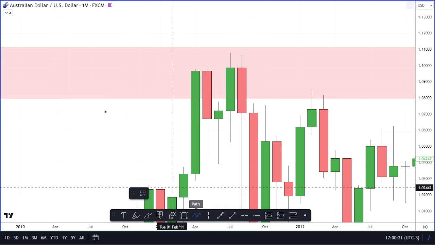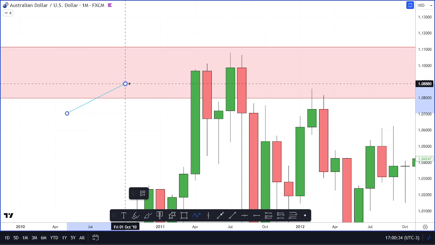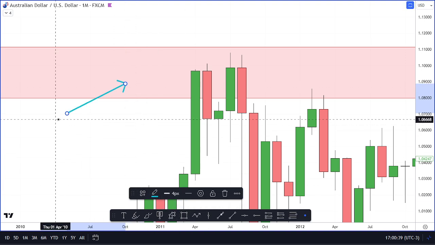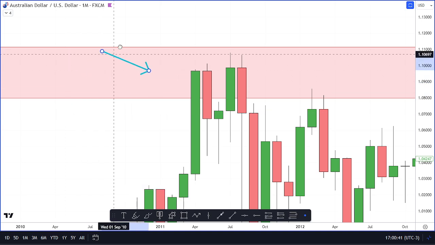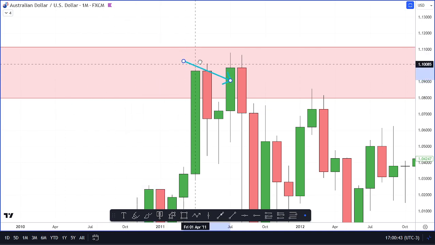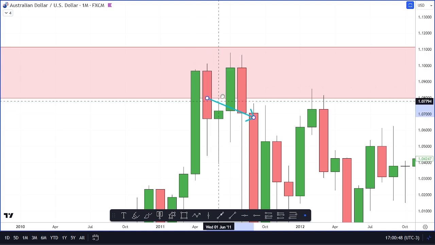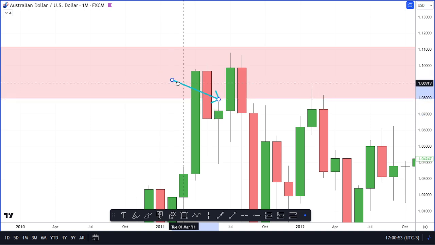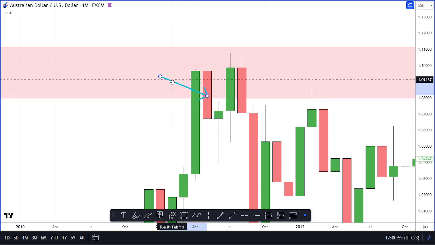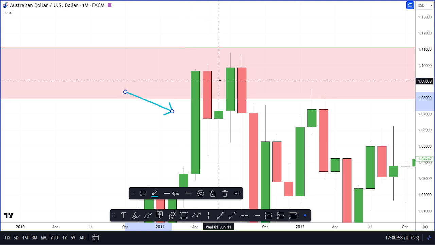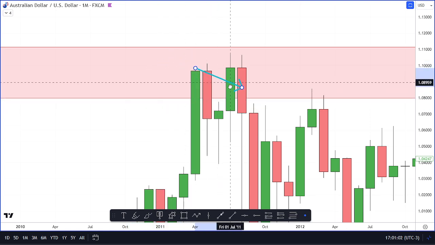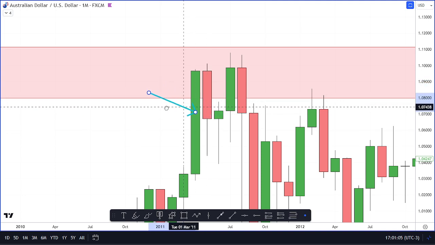As you can see, this green candle here is a high candle, and this red one is to the right, and we have this one and this one to the left. Now how do we know that this candle is higher than these two candles here and these two candles to the left?